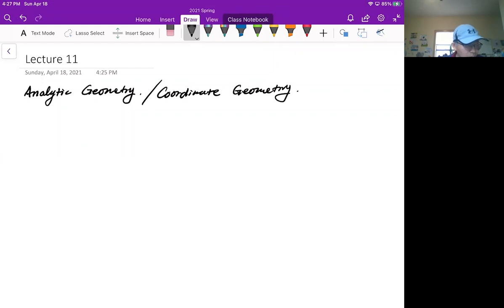So what's the purpose of that? The purpose is that we are going to set up an XY coordinate system. So we have the XY coordinate system, and for the points, we have the XY. For the line, we have the equation. For the circle, we have the equation. So everything will be in terms of equations.